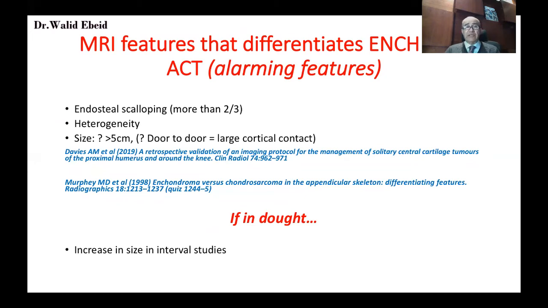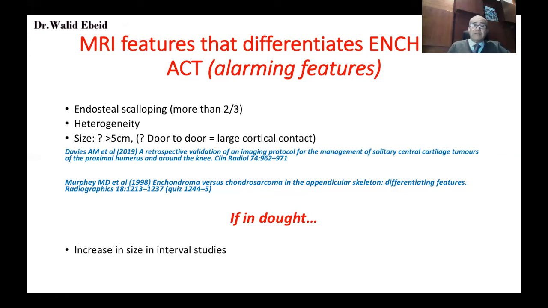The heterogeneity and the size is actually a debatable issue. Many authors have mentioned that size more than 5 centimeters corresponds to an ACT, whereas smaller lesions correspond to enchondromas. Others have claimed that this is not the case. We find enchondromas that are larger than 5 centimeters.